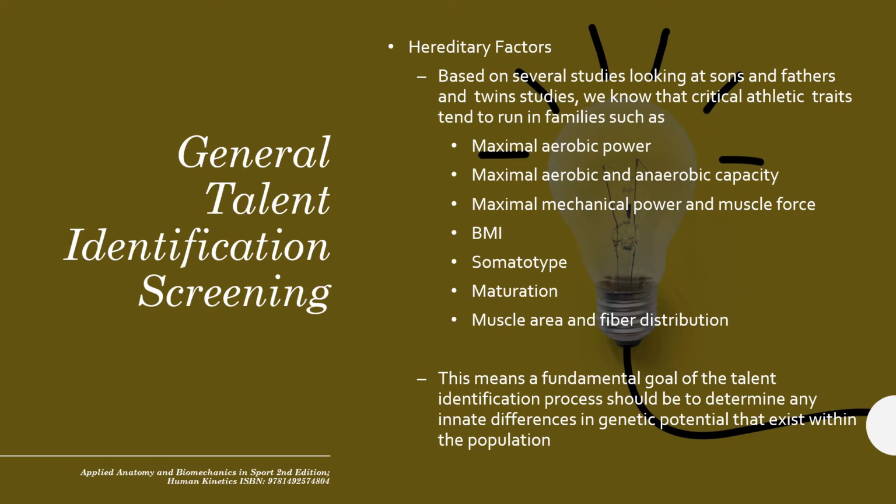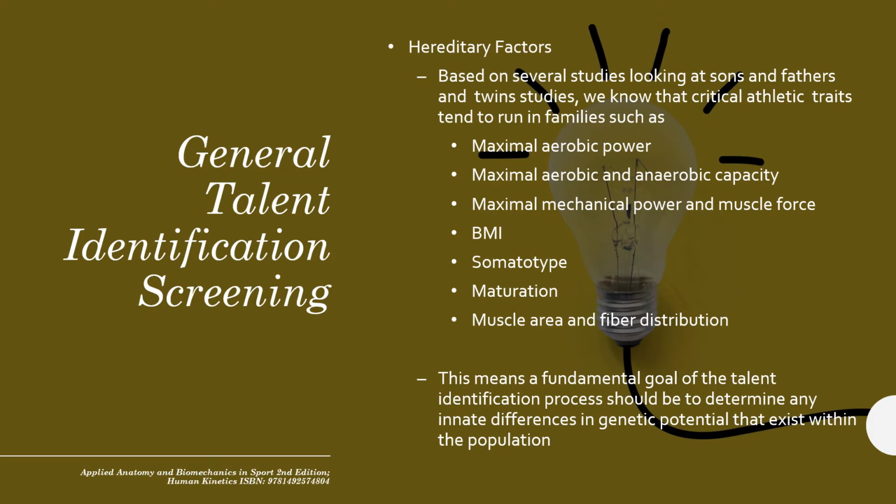And we know that there are some critical athletic traits that tend to run in families. These include maximal aerobic power, so your VO2 max, also your maximal aerobic and anaerobic capacities, your maximal mechanical power and muscle force, so your general strength capacity and endurance capacity.